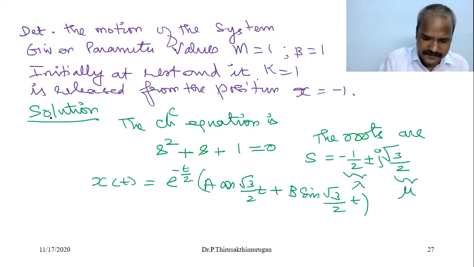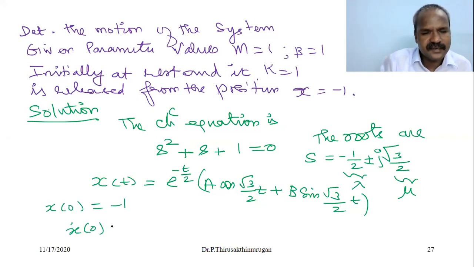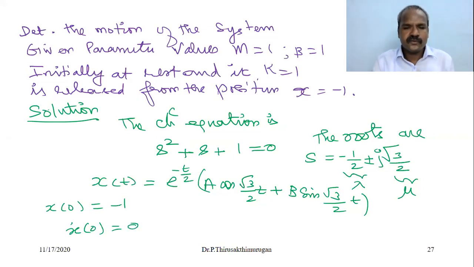Use the condition: x of 0 is -1, x dot of 0, the initial velocity, is 0. So substitute x of 0; wherever t is there, substitute 0.